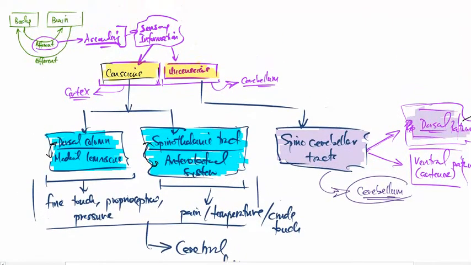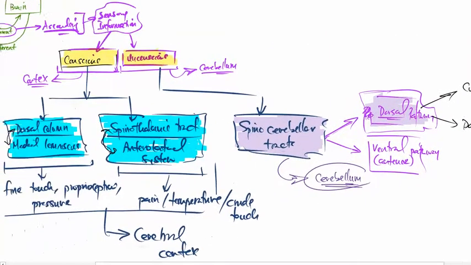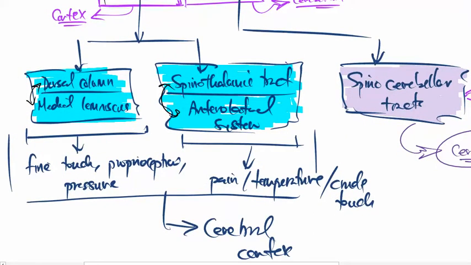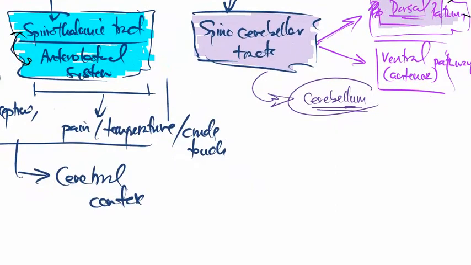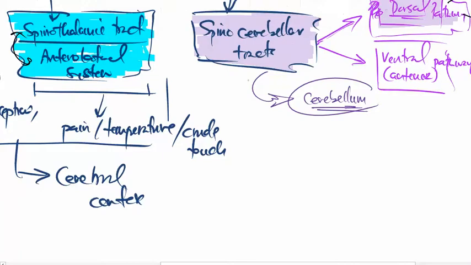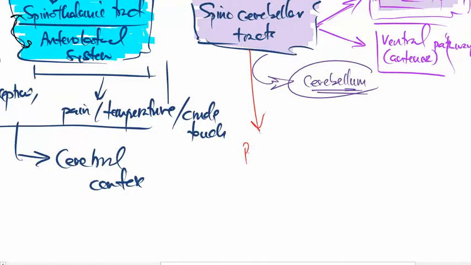Cool? Are you guys good with this so far? Yeah. All right. So there are three major tracts: the dorsal column, the spinothalamic tract, and the spinocerebellar tracts. For the spinocerebellar tracts, the information it's relaying to the cerebellum is proprioception, and Dr. Gondry Lewis also had kinesthesia.